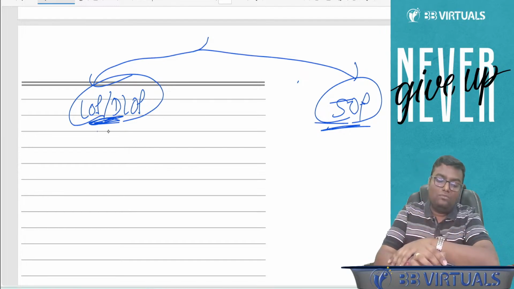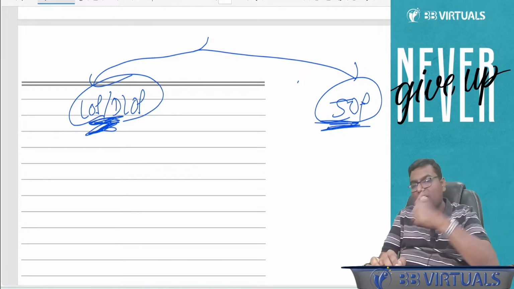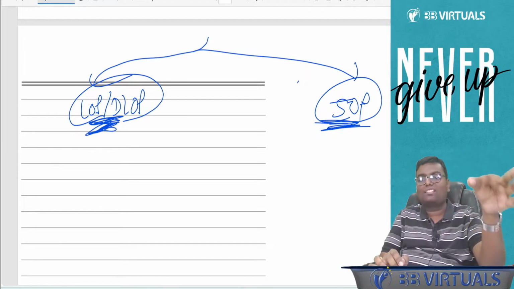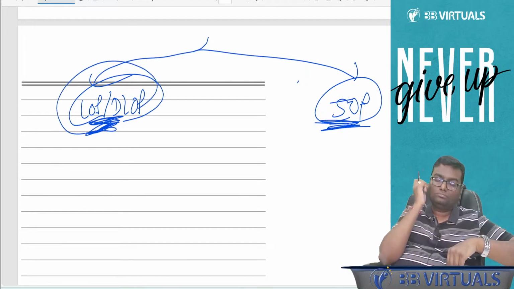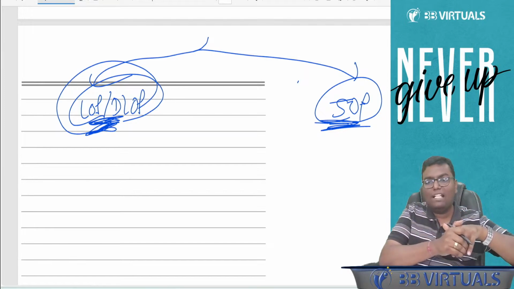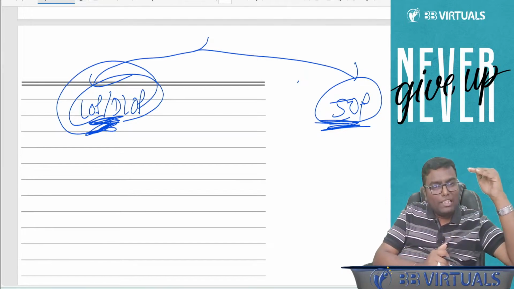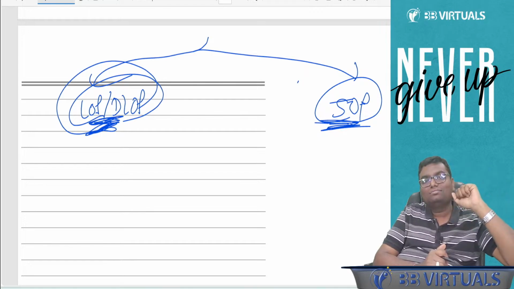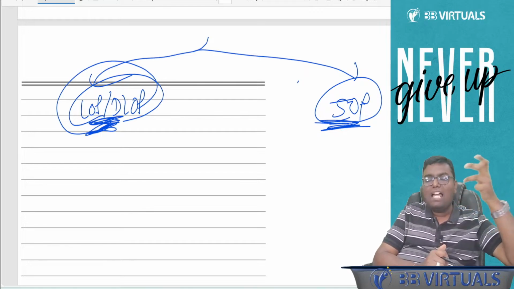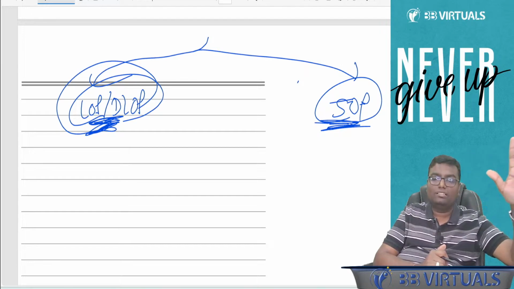Okay, so on one side you are getting the deduction, income is also there, deduction is also there. In case of SOP, income is not there, only deduction is there. Now, can I say over here, when the property is LOP or deemed LOP, there is something called as income and I'm taking the deduction. It is not a free deduction and hence I will get full deduction.